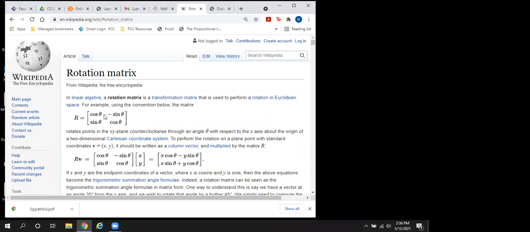And if you take a vector and you multiply it by a matrix like this for some theta, it will rotate that vector theta degrees, or theta radians if you're doing radians, around the origin, right? So that's one particular kind of transformation matrix, and there are many others, right? And I'll let you go investigate that on your own time if you'd like to learn about that.